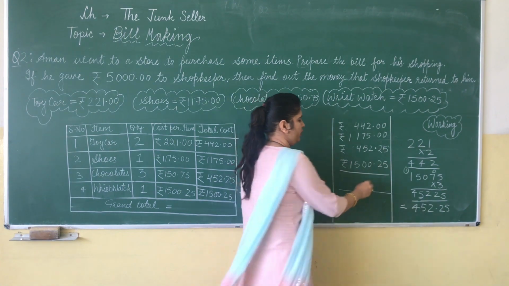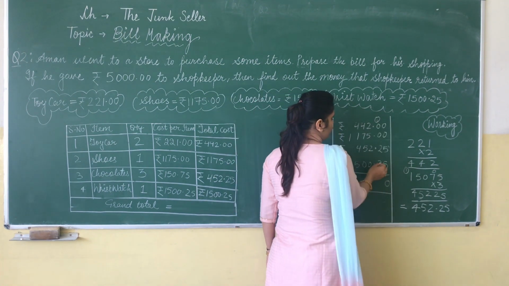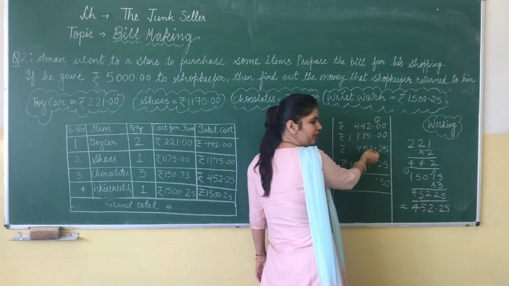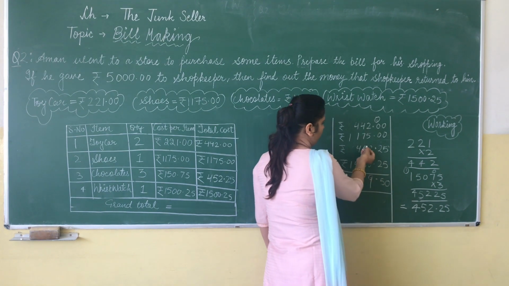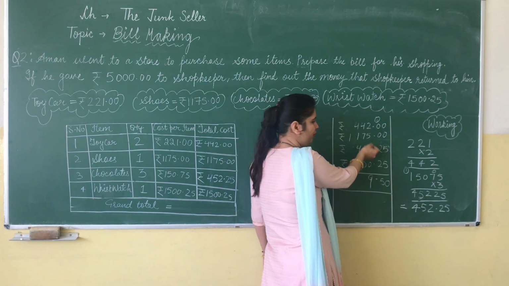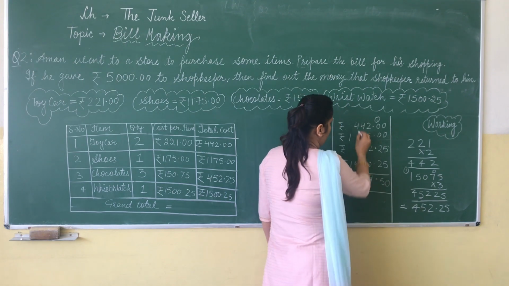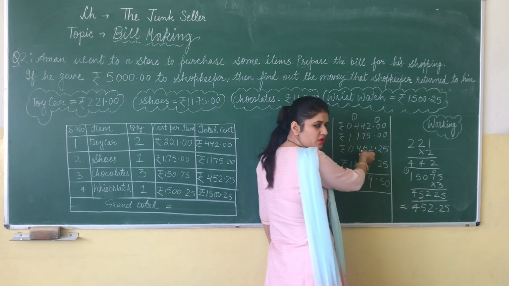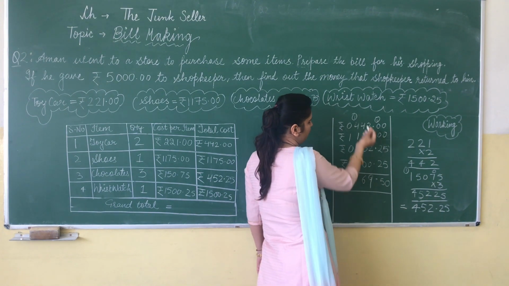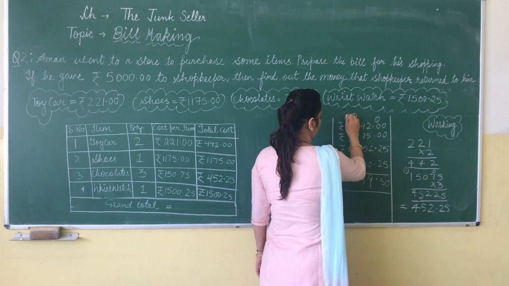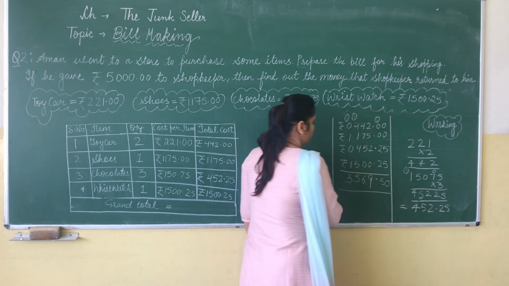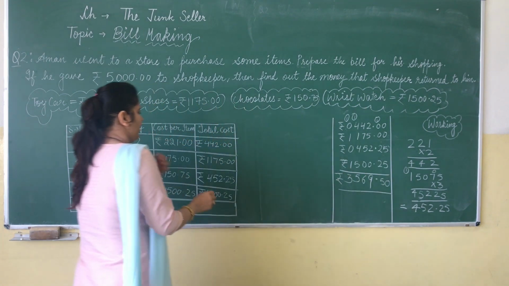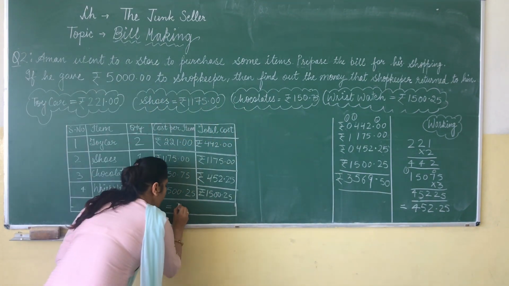Now 5 plus 5 is 10, 1 carry forward. 2 plus 2 is 4 plus 1 is 5. 5 plus 2 is 7. 7 plus 2 is 9. 9 plus 0 is 9. 5 plus 7 is 12. 12 plus 4 is 16. 1 will be carried forward. 4 plus 1 is 5. 5 plus 4 is 9. 9 plus 4 is 14. 14 plus 1 is 15. The total amount he has spent is 3,569 rupees 50 paise.